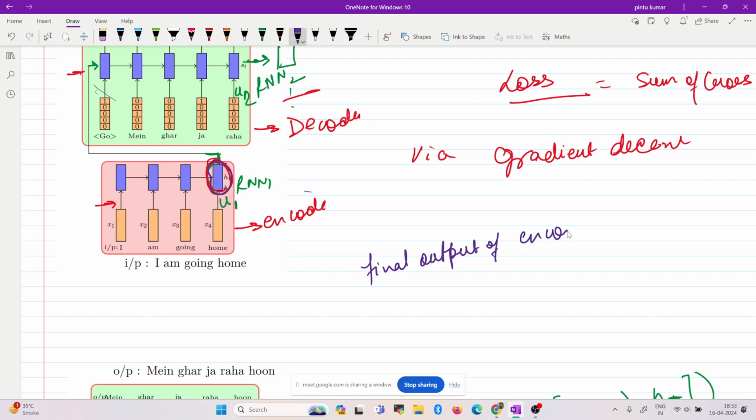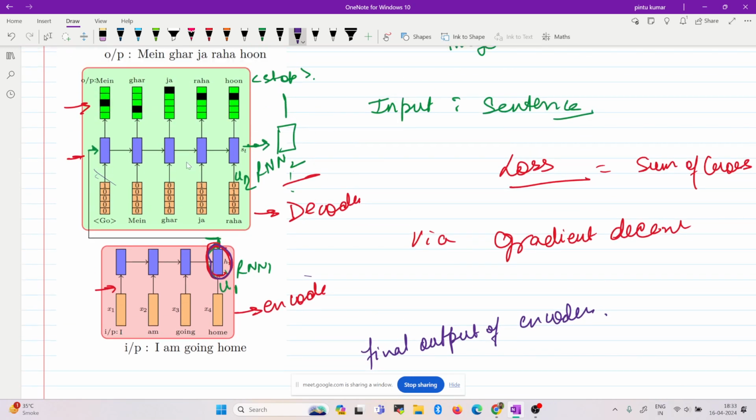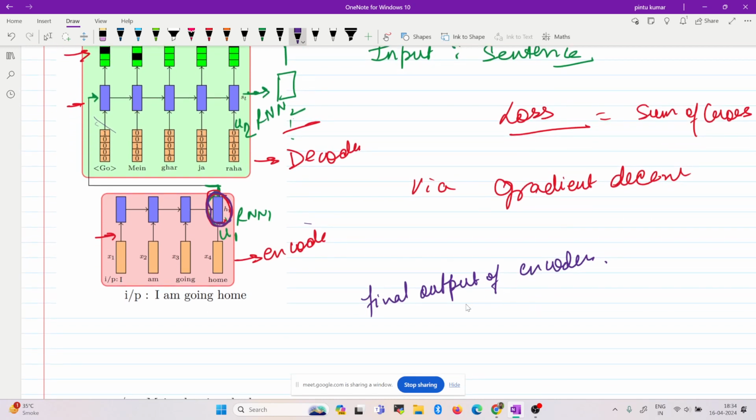If you try to think logically, what would it try to capture? Because the learning is end to end, you will learn to generate these representations in such a way that they help you do the translation. So what do you think the final output of your encoder should be? What I feel it will try to do, again, this is just intuition that I'm giving you.